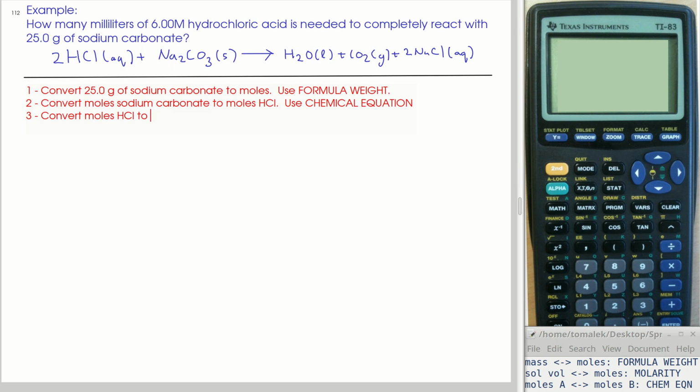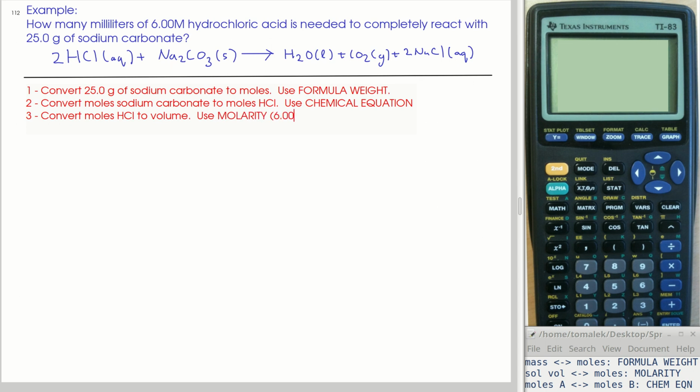Now we go back to the problem statement. How many milliliters of 6 molar hydrochloric acid do we need? Well, that's a volume, right? So convert moles of hydrochloric acid to volume. And to do that, we would use the molarity.